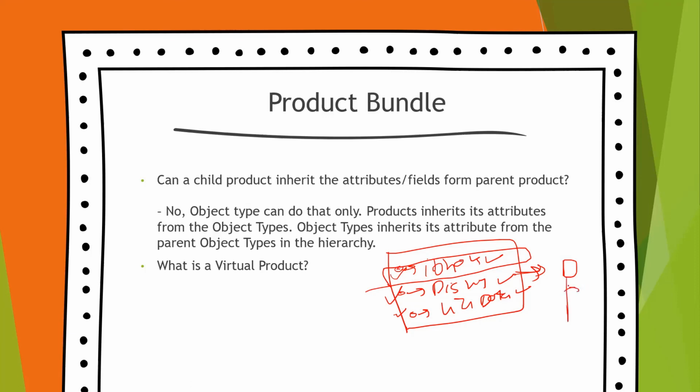For the user it will only be iPhone, but actually there will be two products, one for Disney and one for 4G as well. But those products will not be listed at the cart level. So those products are called virtual products. This is the definition, and that is what they are used for.